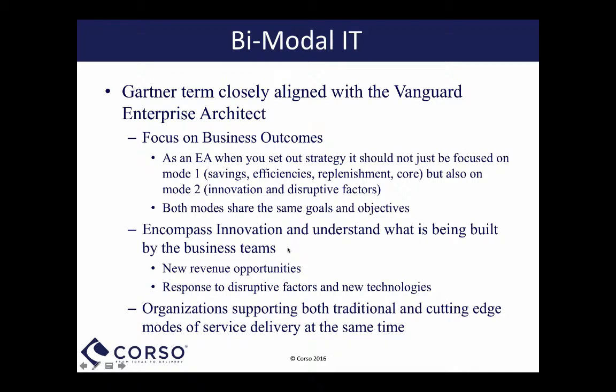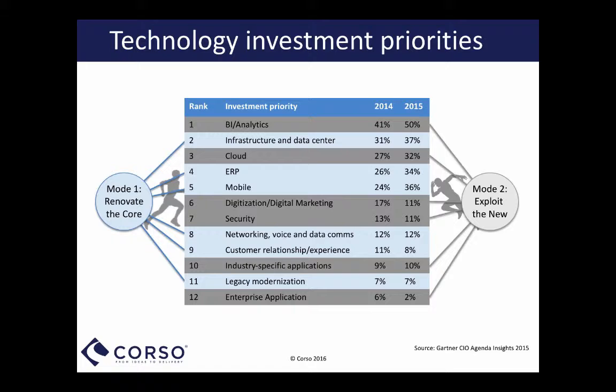Focusing again on mode 1 and mode 2, with mode 2 being the Vanguard Architect, exploiting the new. This is taken from Gartner's Technology Priorities 2015, and let's talk about spending priorities.